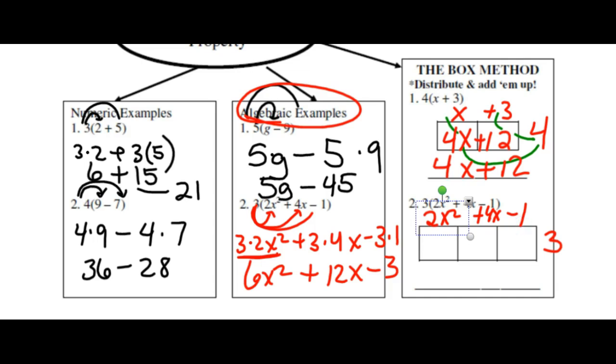And I can multiply 2x squared times 3, and that's 6x squared. 4x times 3 is plus 12x. And then 3 times negative 1 is negative 3. That's 6x squared plus 12x minus 3.